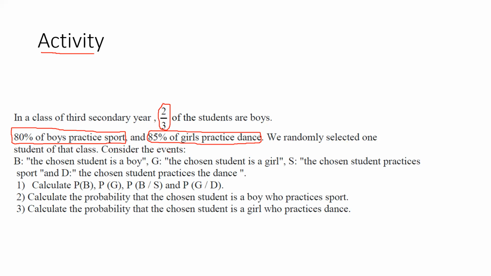Consider the events. B, the chosen student is a boy. G, the chosen student is a girl.